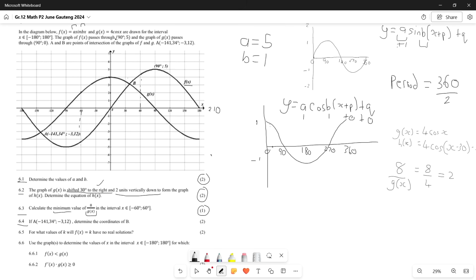We by all means can, because if we make them equal, we can potentially make an expression, but we usually don't have to, because if we know that a sine and a cos graph intersect every 180 degrees, provided that there's no shift in their periods, every 180 degrees, these graphs will intercept, which means all we have to do for our b value here is write b is minus 141,34 plus 180.